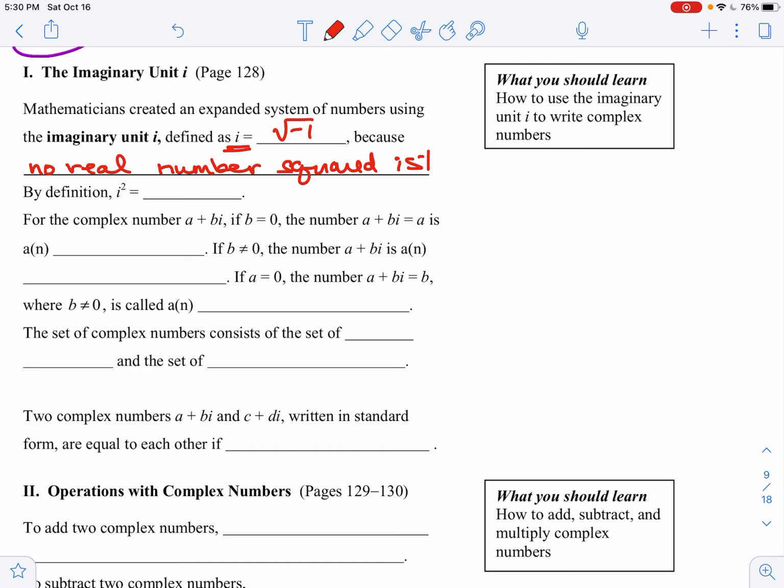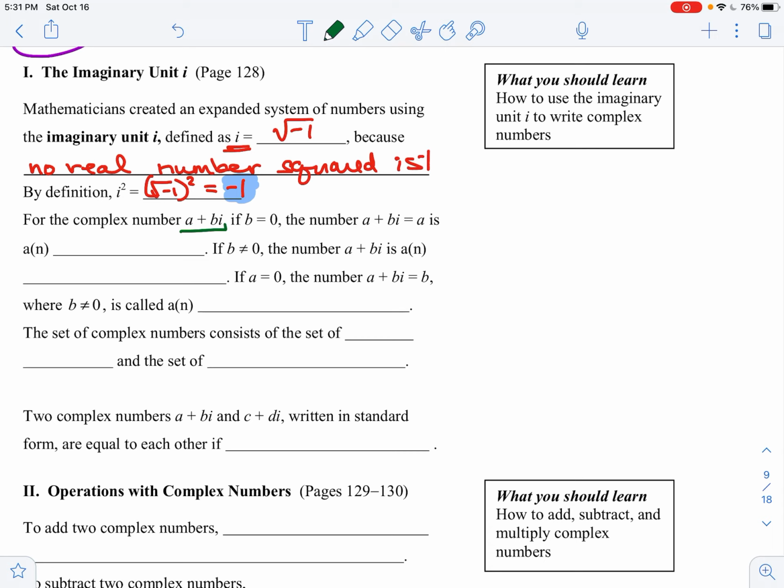So because no number squared can be -1, we know that i, we call, is the root of -1. And by definition, i squared is like saying the square root of -1 squared, which the square and the square root cancel each other out. So i squared is just -1. Keep that in mind. We're going to want to keep that for later.